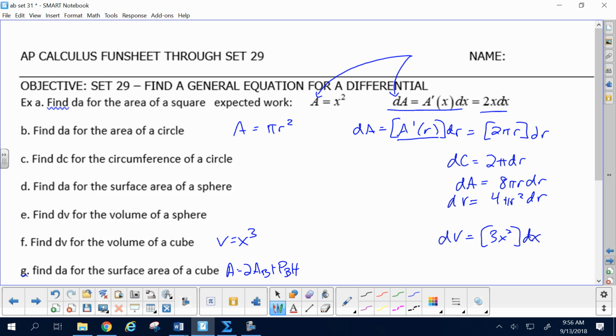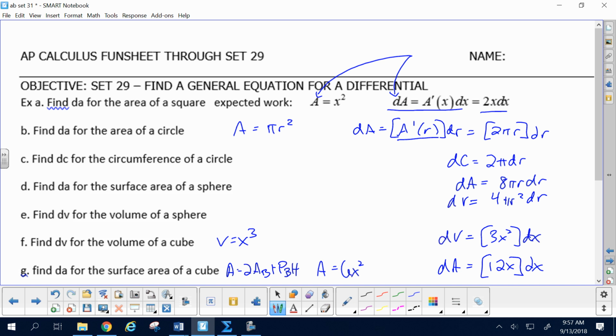That is a gigantic mess to take a derivative on. So it's much easier if you said the area is 6x squared, okay? A cube has 6 identical faces. Each one is x squared, so 6x squared is much easier. It's easier if you start here. With that in mind, then, dA is 12x dx.